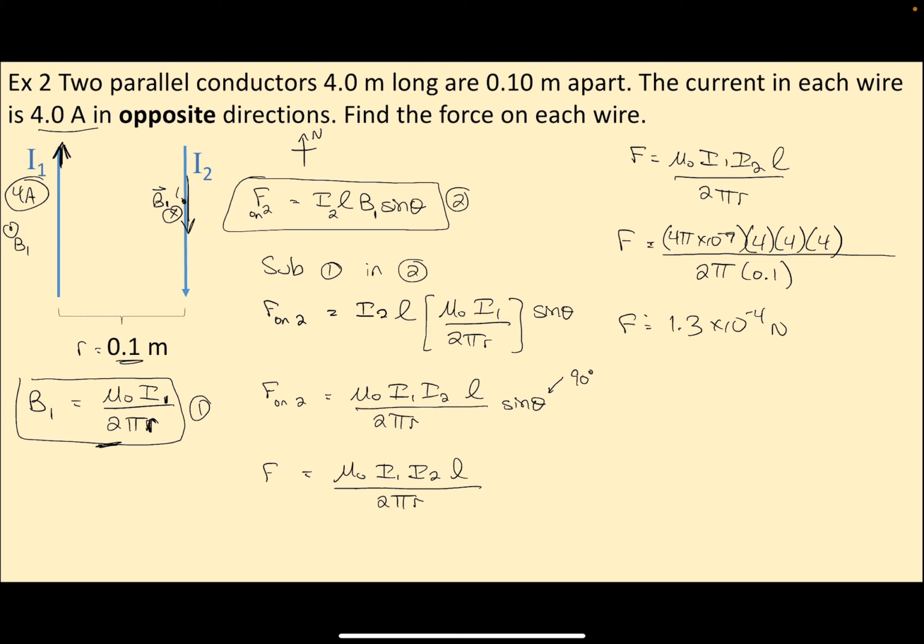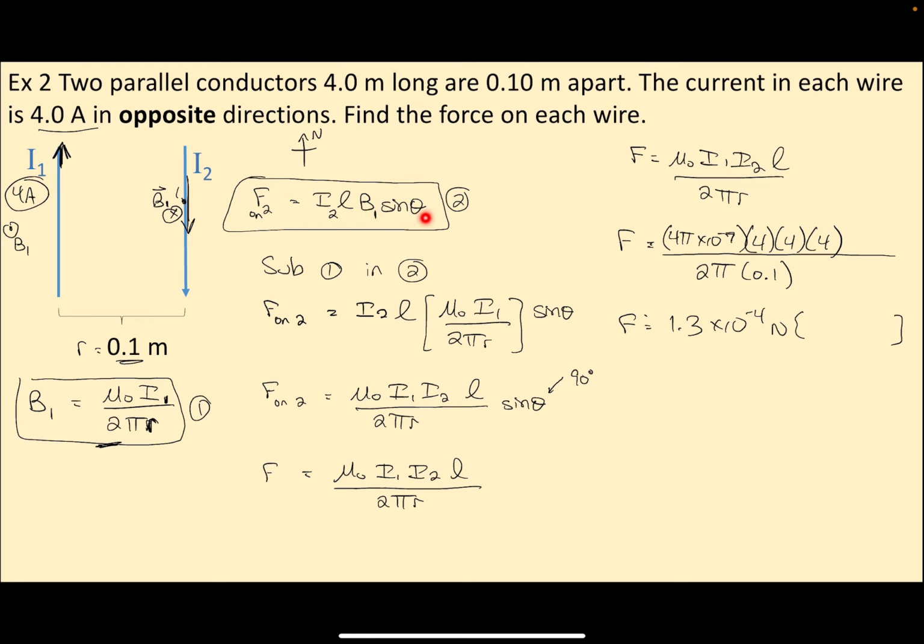Okay, so this is the magnetic force on each wire. We also need a direction. So let's go back and see how we came up with this stuff. I focused on wire 2 for the force, which means I have to know the B field for wire 1. We figured out the direction of that B field right here. That B field is going in right over here.